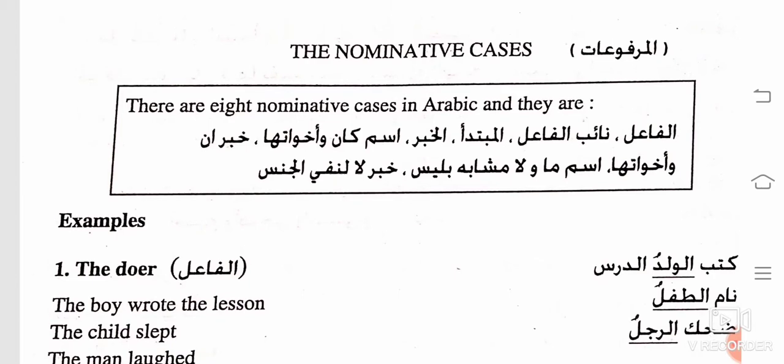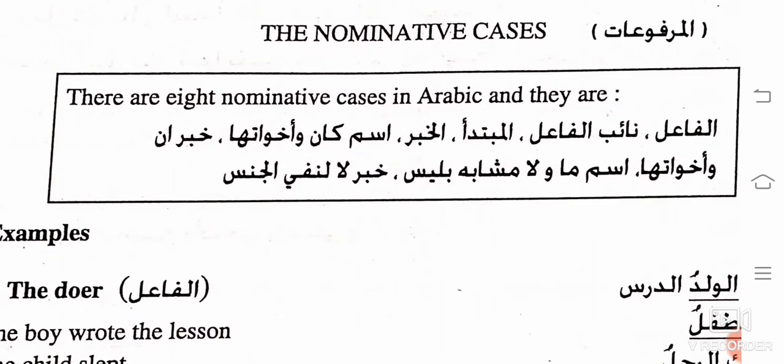So there are 8 nominative cases in Arabic. They are fa'il, second one naib fa'il, mubtada, khabar, ismu kana wa akhawatuha, khabaru inna wa akhawatuha, ismu ma wala mushabahatin bilaysa, then khabaru la linafil jins.